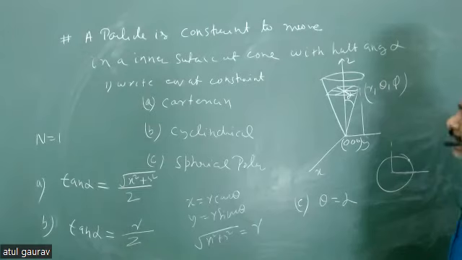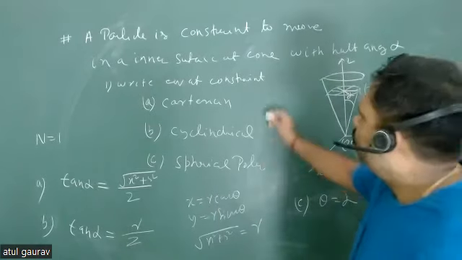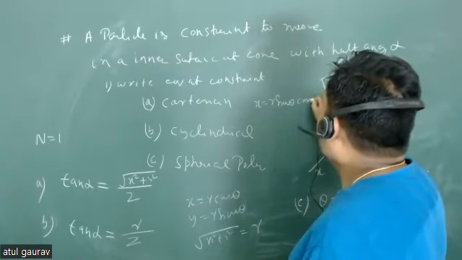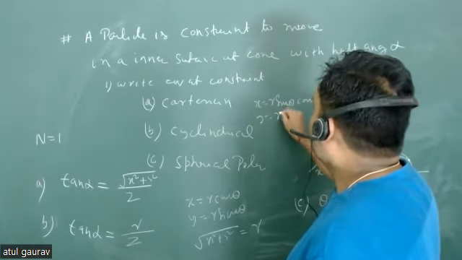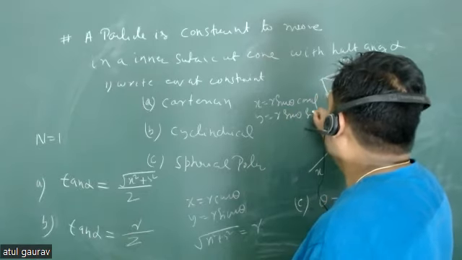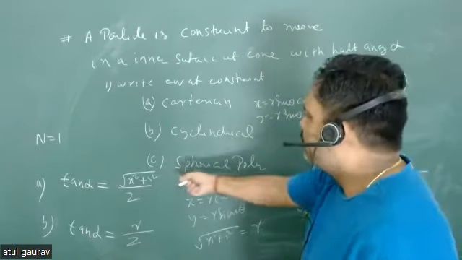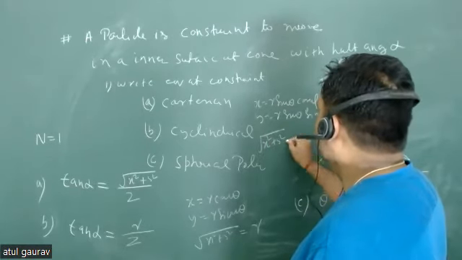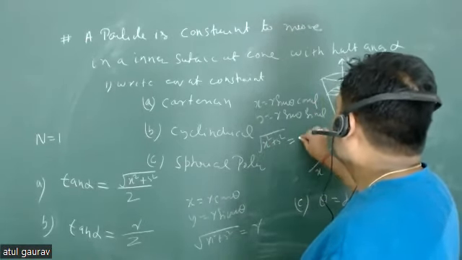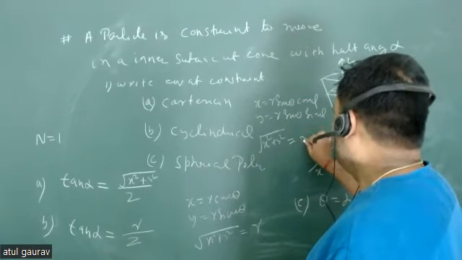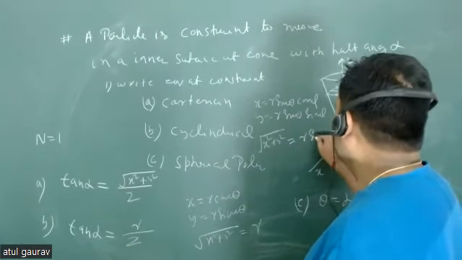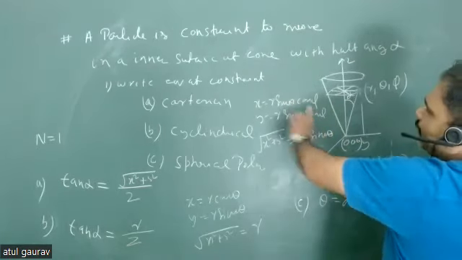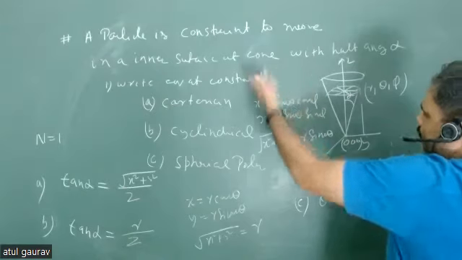Yes, sir. If you don't believe it, just put x is equal to r sin theta cos phi, y is equal to r sin theta sin phi. So what will be root of x square plus y square? R sin theta, isn't it? You can take the square, and take R sin theta common. Cos square phi plus sin square phi is what?